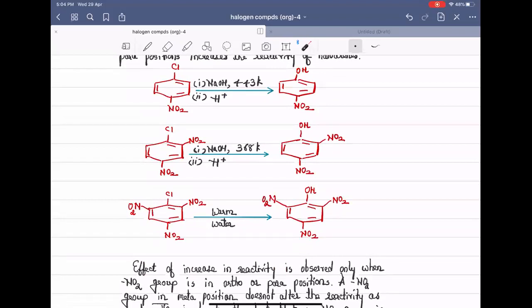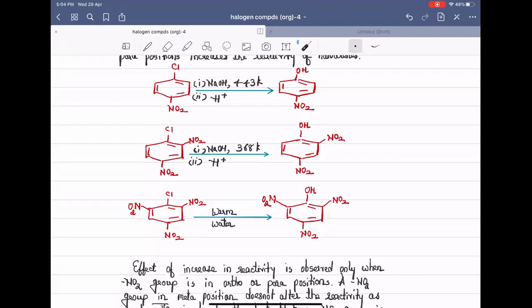You put one more in ortho position, and the temperature again drops down to 368 kelvins, right? And this is again phenomenally low. 368 is even less than 100 degrees Celsius.